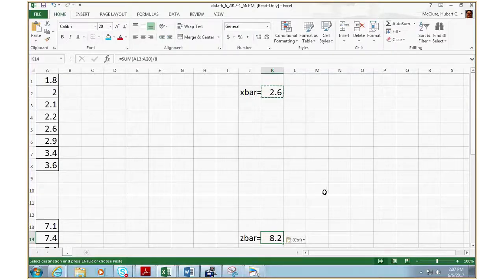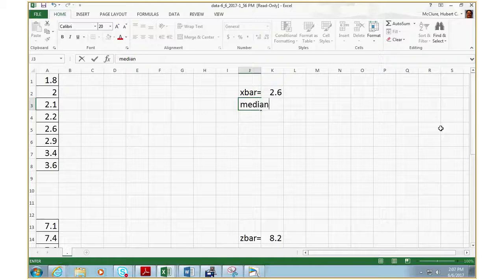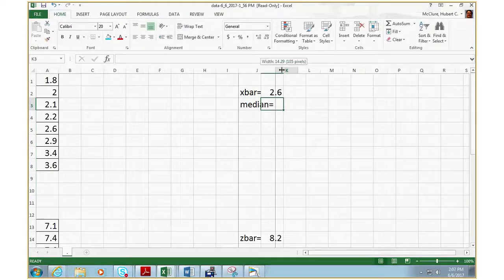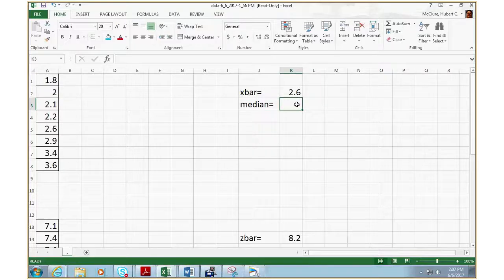All right, there's your 2 means. Check them and see if y'all got the right answers. Median. 1, 2, 3, 4, 5, 6, 7, 8.